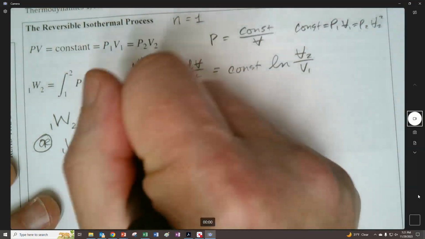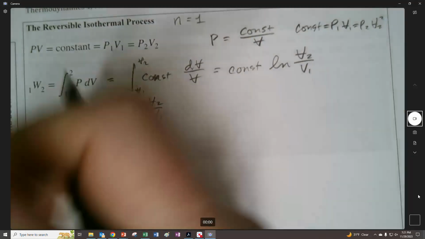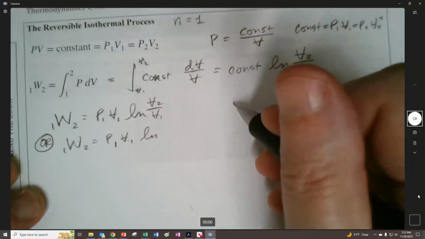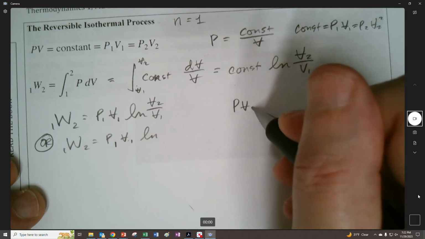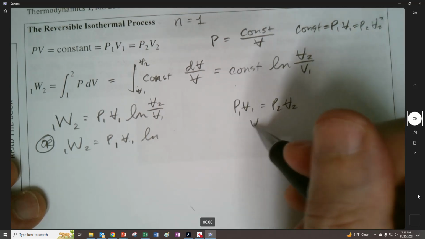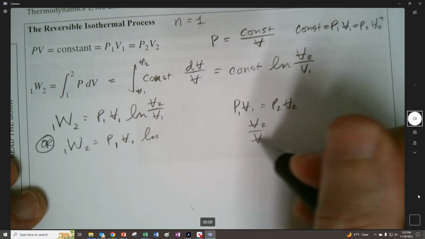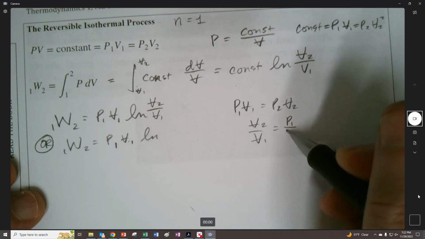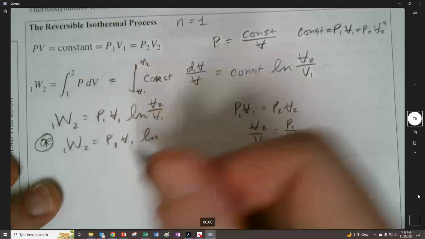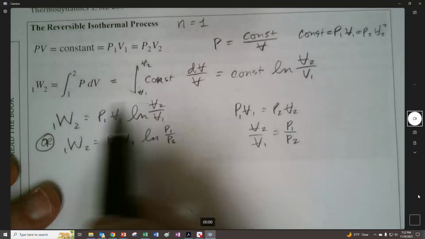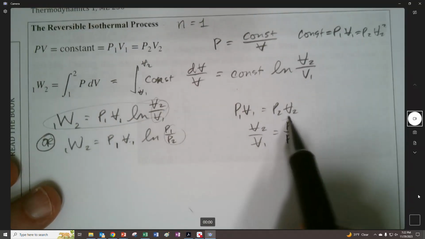But recognize that P1 V1 is equal to P2 V2, so V2 over V1 is equal to P1 over P2. So therefore, you can also write this as the natural log of P1 over P2. We're just substituting that right there.